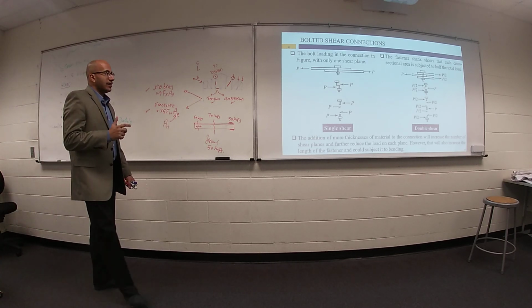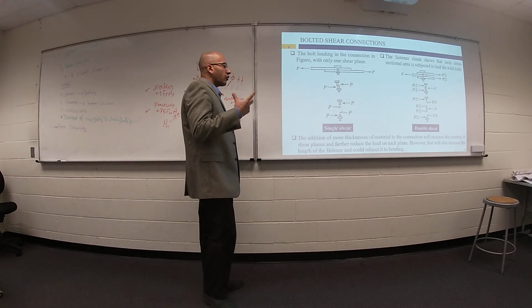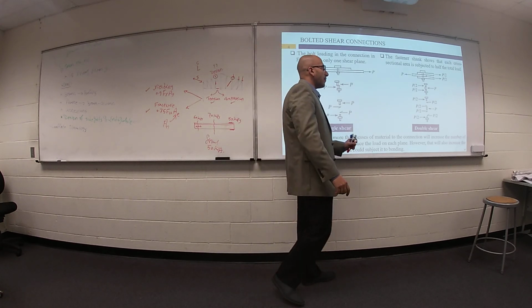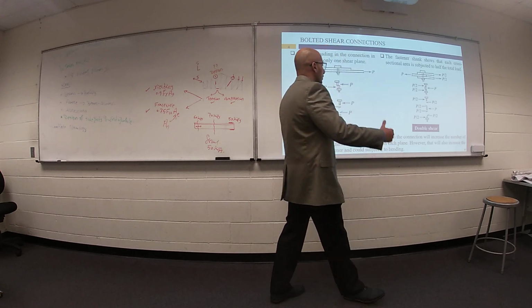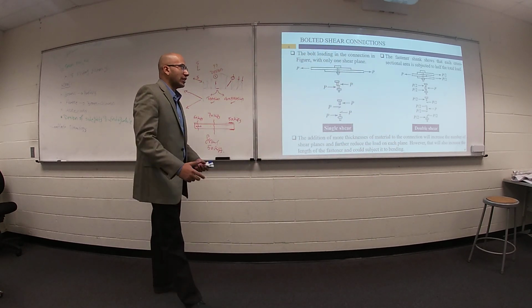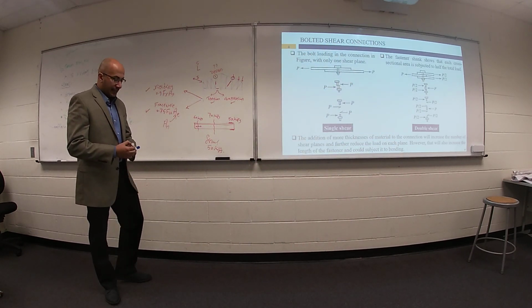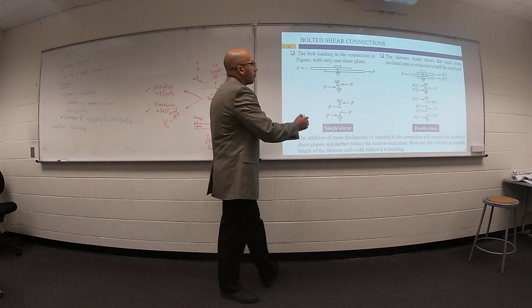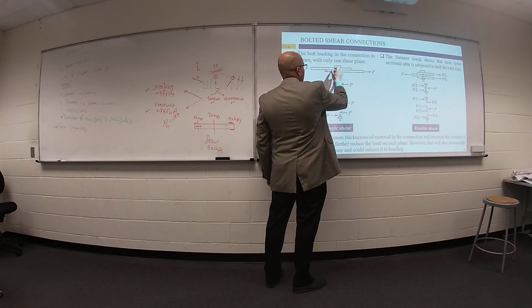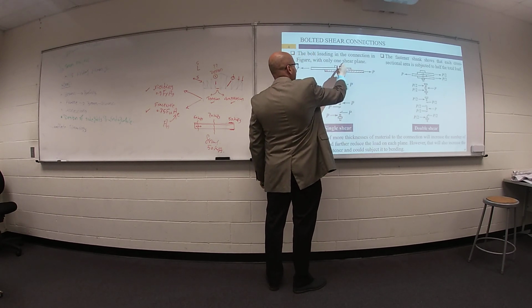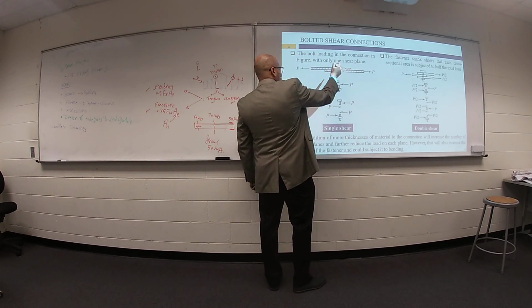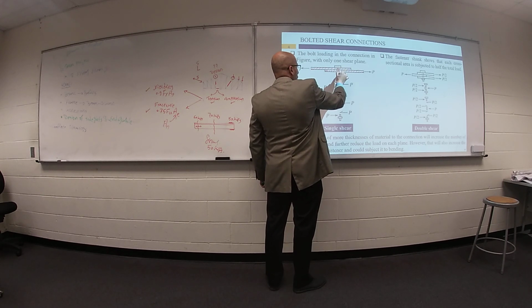One more thing. Sometimes your connection is called single shear, sometimes called double shear. What is the difference between single shear and double shear? Single shear, you have one plate and another plate connected together with your bolt.